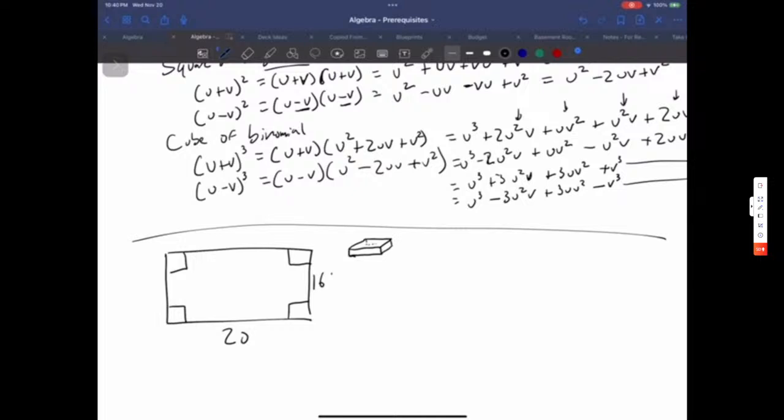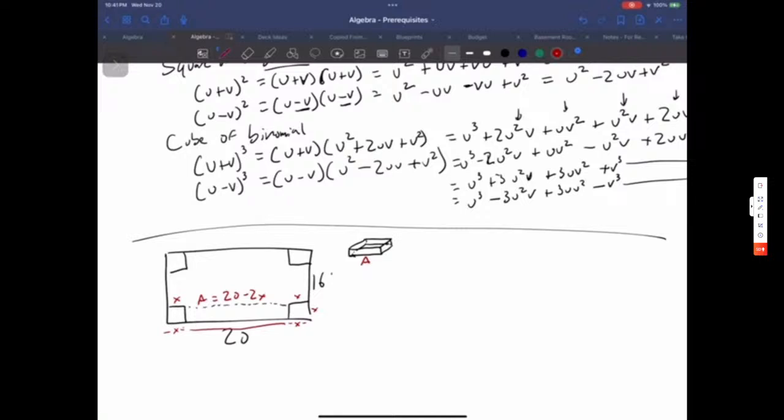And the nice thing about this is that this length here, we can call that A, and we'll call it red A, is going to be equal to 20 minus 2x. You can see that because this length is 20, and the length of this little square is x, so there's an x there, an x there, and then another x, so it's 20 minus 2x.